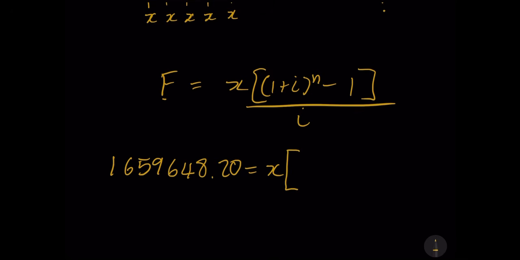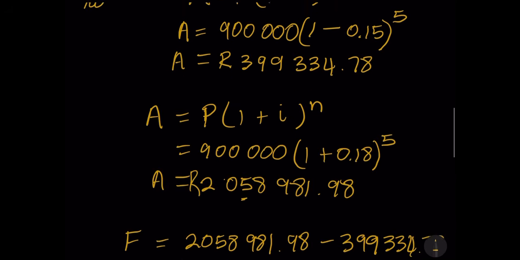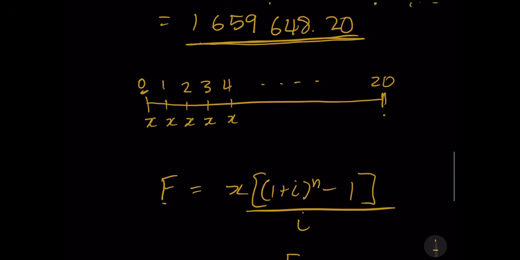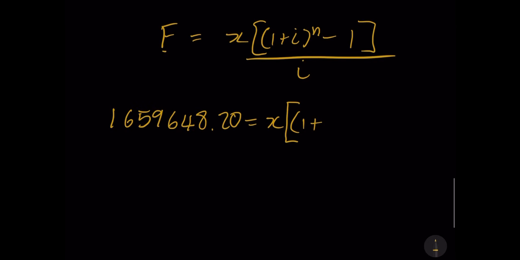Now, the interest rate. Remember, they said the interest rate for the sinking fund is 8% per annum, compounded quarterly, so we need to be mindful of that. It's compounded on a quarterly basis. So in this case, it's 8%, which is 0.08 divided by 4.